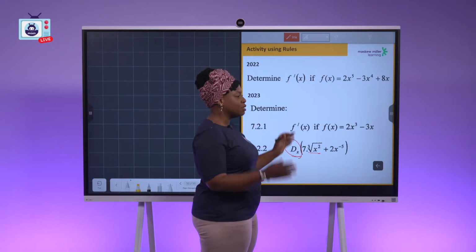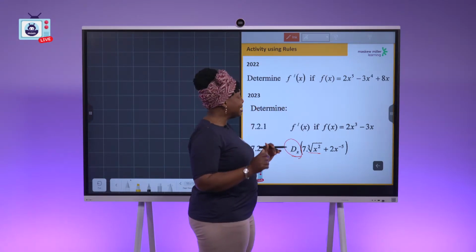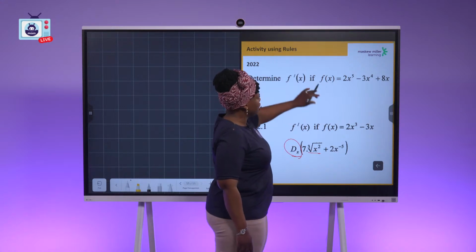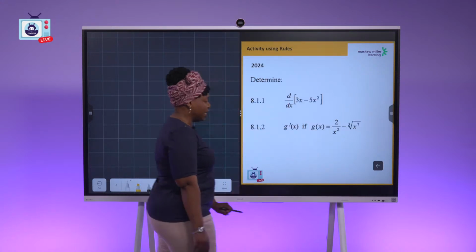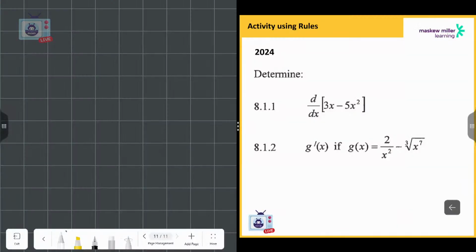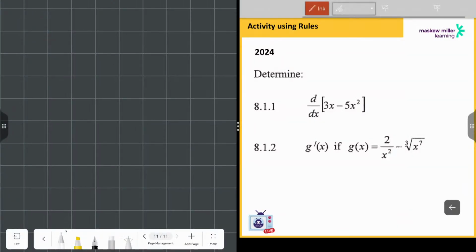And with this, you must make sure there are always the brackets around that particular question. That same applies to this notation where you have d divided by dx with a bracket, and then it shows the function inside. You're only going to drop this when you start deriving and you don't write it down. So you're just going to derive and you move on.